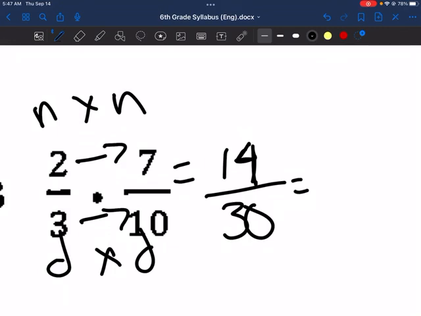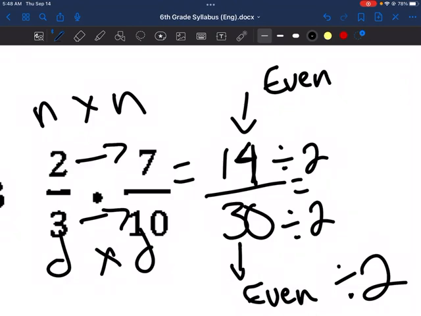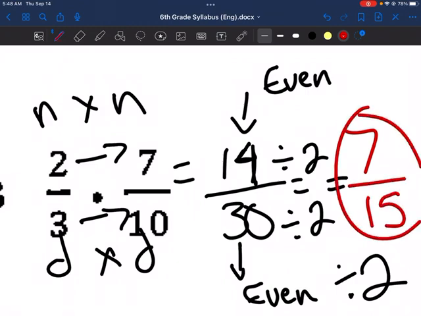Well, I know both of these are even numbers. And if they're even numbers, you can always divide by 2. So 14 divided by 2, 7. And 30 divided by 2, 15. You cannot reduce this anymore. No se puede hacer más chiquito. Entonces, esa es nuestra respuesta.